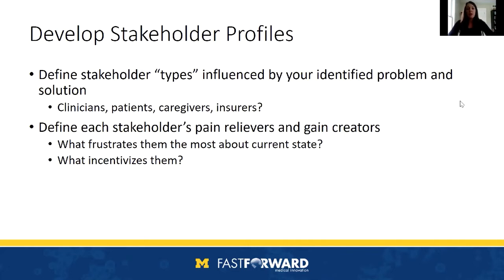So these may be clinicians, patients, caregivers, insurance companies, anybody that would interact with your potential digital solution. And then we want to understand from each stakeholder's perspective, what problem are they experiencing, what's causing the most grief for them, and what type of digital solution, if it is a digital solution, would they benefit from. So what frustrates them about the status quo, and what would incentivize them to make a change in what they currently do.